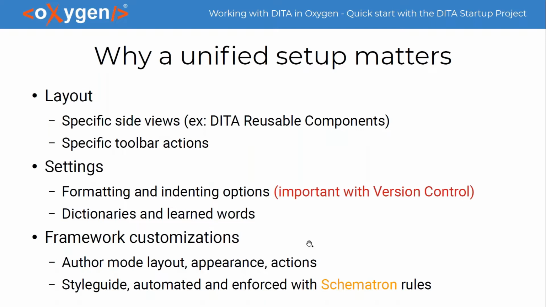Every company has its own set of rules on how to write content, how to write the documentation, and these rules, as we'll see later on, can be automated and enforced with Schematron.